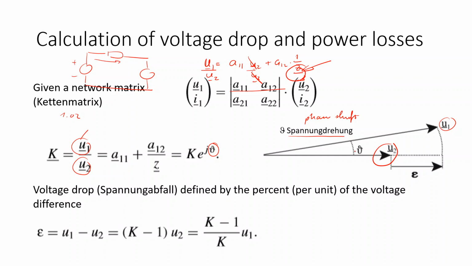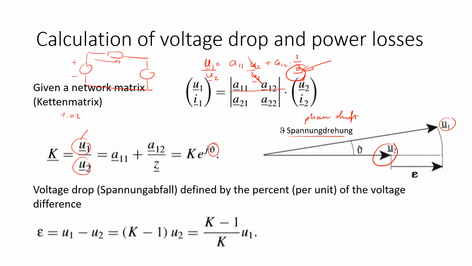Okay, and if you want to see how much the voltage drop is, or how much the voltage difference is between the sending end and the receiving end, in German it's called Spannungsabfall. In English, it's fall. You know fall, right? Spannungsabfall, voltage drop.